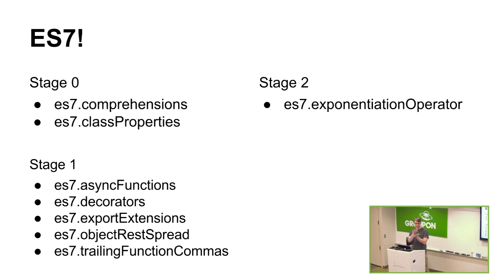Class properties, which we talked about briefly before. Async functions, actually changing the way you can call functions with that async await. I think that's what this proposal is related to. Decorators, which is also very interesting in classes where you can use some syntax. It might be an @ symbol or a plus and minus or something. It's unclear. But you could say this function is read-only, or this property is read-only.